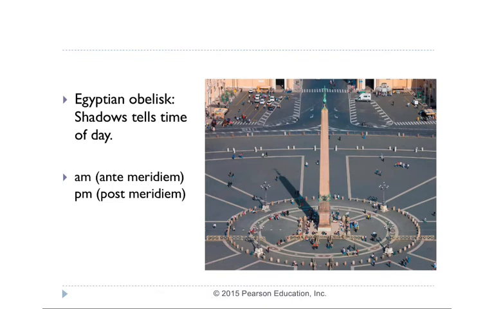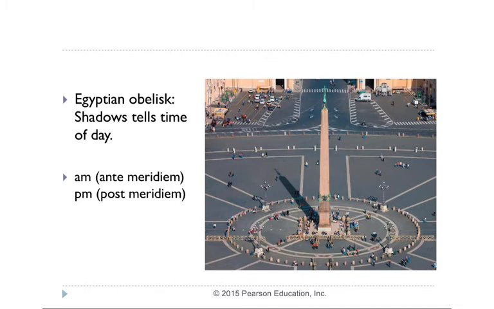This was in Egypt here, and this is more of a keeping track during the day here. This now resides in the Vatican, but looking at the shadow throughout the day, you could see it kind of resembles a clock here. And AM, PM, post meridian and pre meridian.